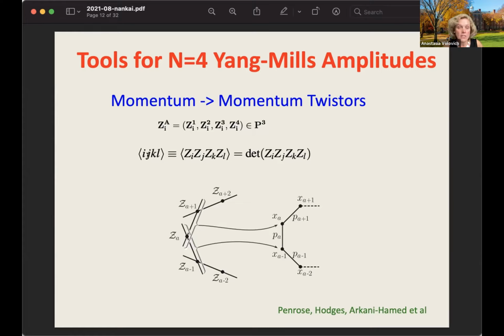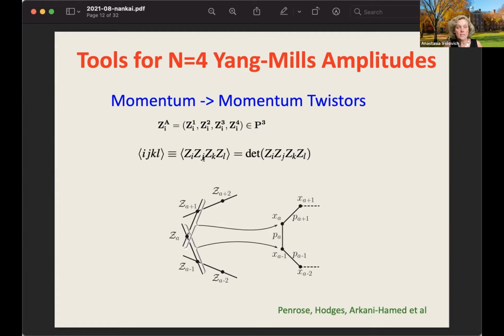So you can take IJKL labeled particles, and you can take a determinant. This is a 4x4 determinant. So these are natural invariants. So anytime you see an expression for an amplitude, and I will have that momentarily, you'll see those brackets. So that's what these brackets are.